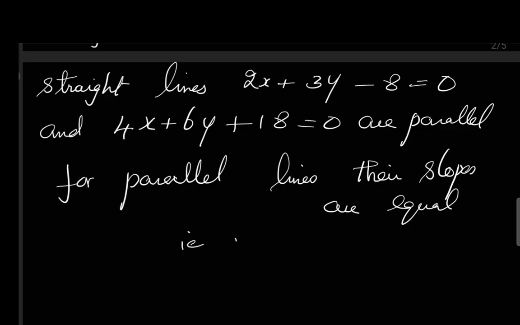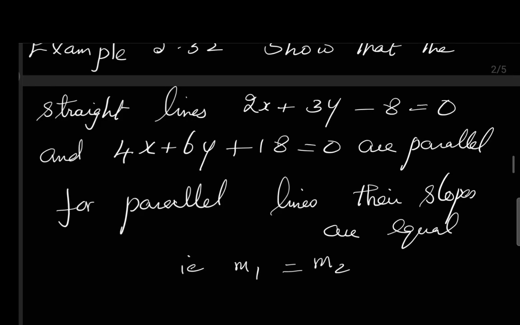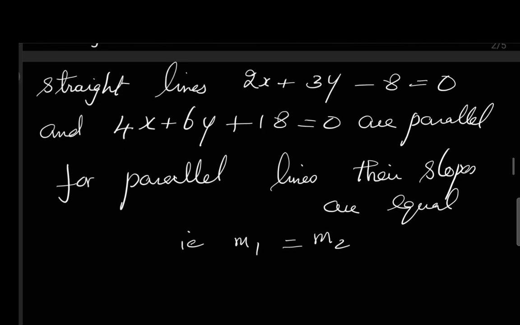That is m1 is equal to m2. So m1 is the slope of the first line and m2 is the slope of the second line. So you have to see whether their slopes are equal.